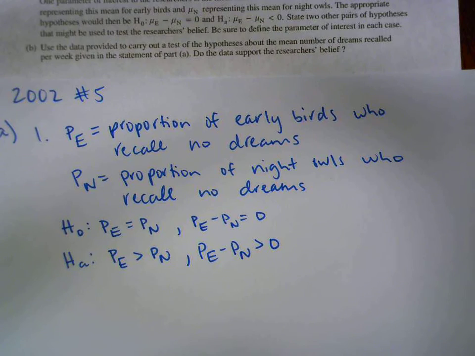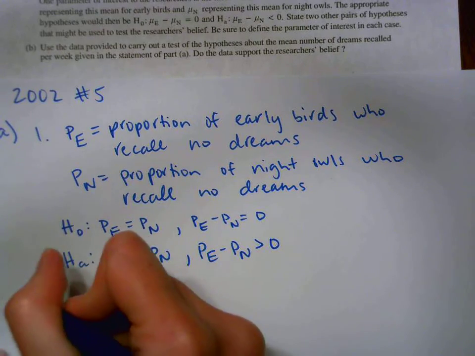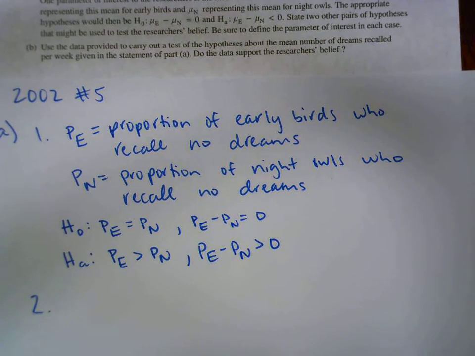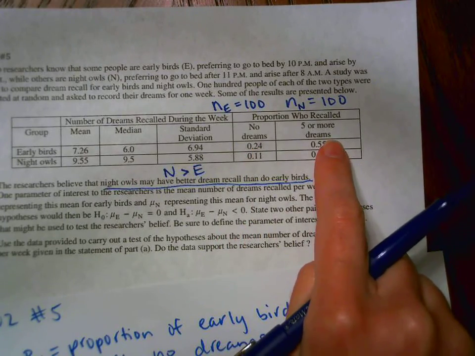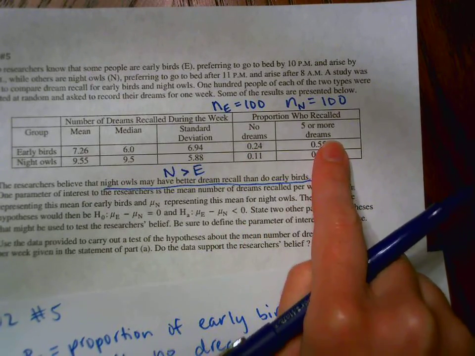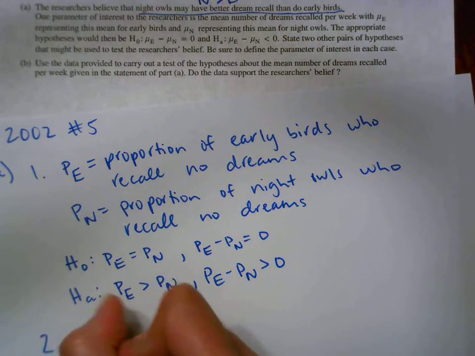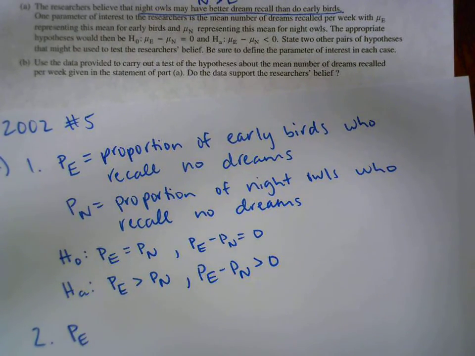What other parameter could we use to compare these dream recalls? The other proportion we could define is, instead of the proportion who recalled no dreams, the proportion who recalled 5 or more dreams. You can still use pE and pN, but we're going to define them differently.